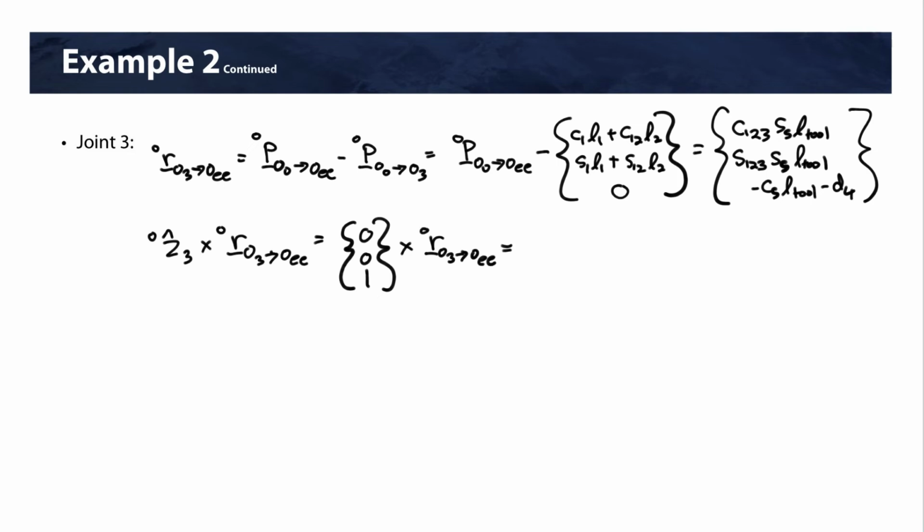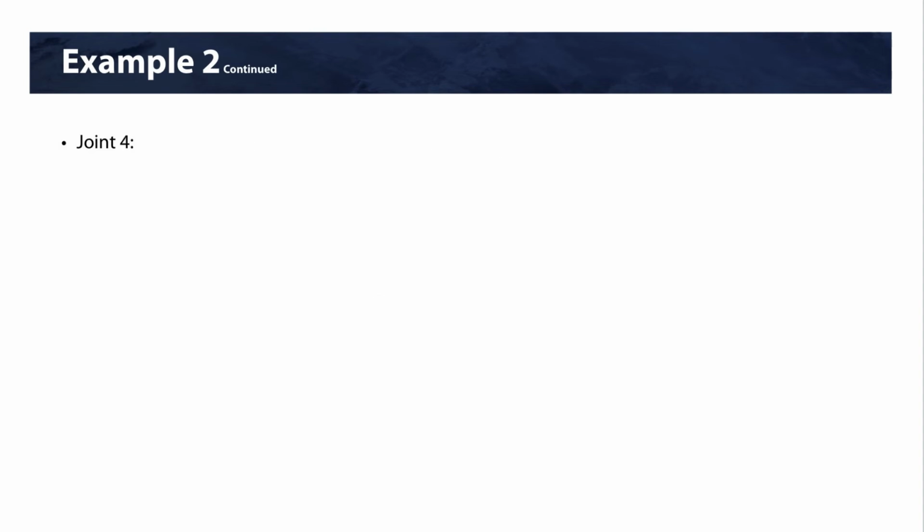All right, and if you do that cross product, you'll get minus S123 S5L tool. You get C123 S5L tool, and you get 0. All right, so that's joint 3 done.